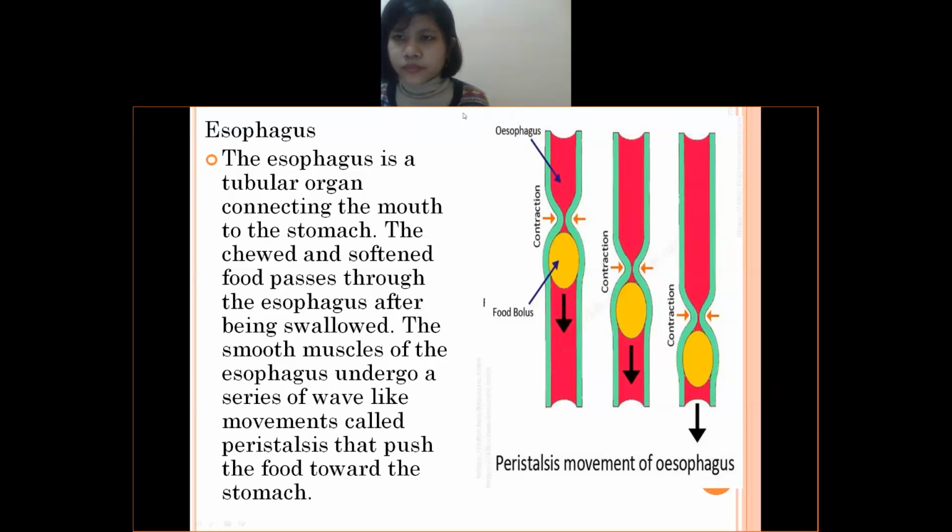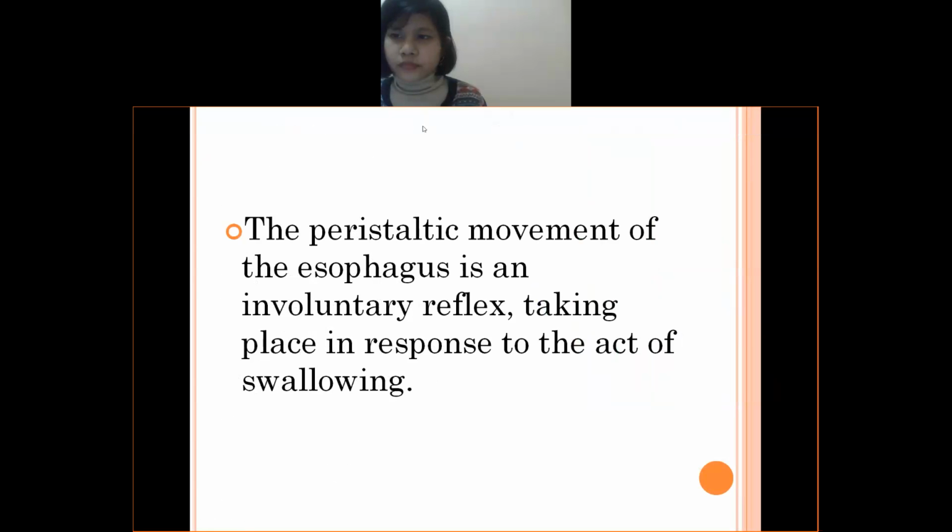Contraction will take place, and the food moves just like a wave, which is peristalsis. Peristalsis. Understand? Peristalsis, which will move the food onward. Is it clear? Ma'am, I can understand. Yes, ma'am.